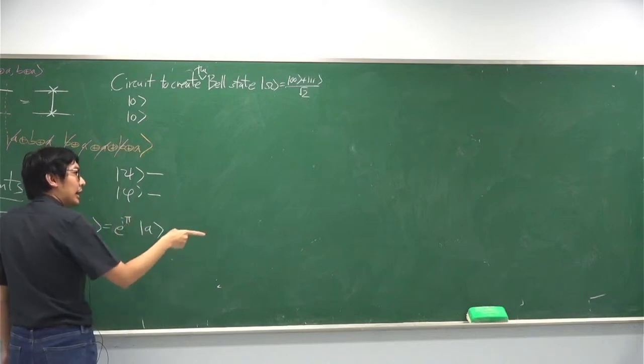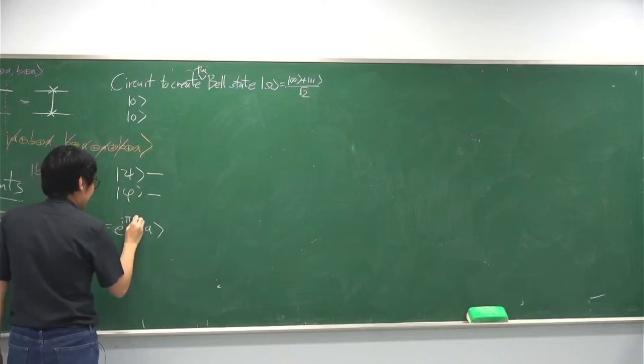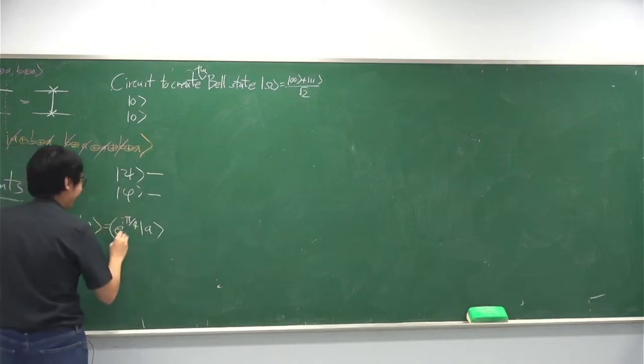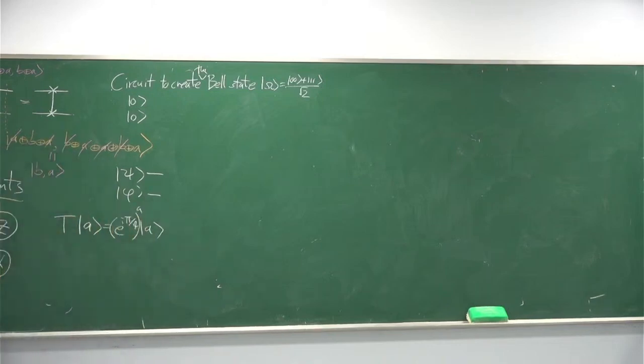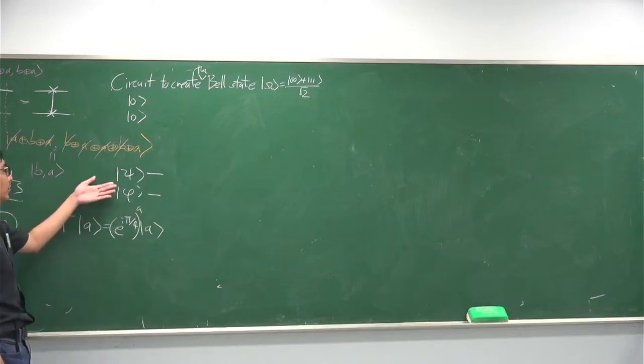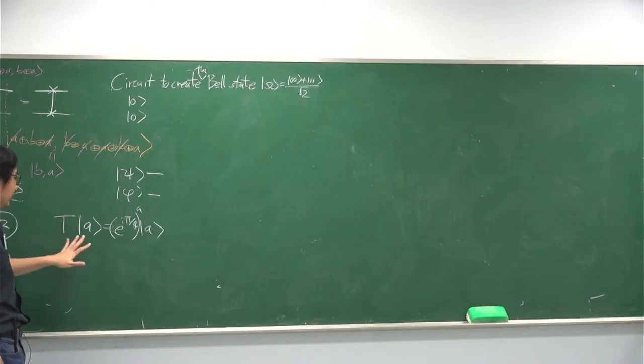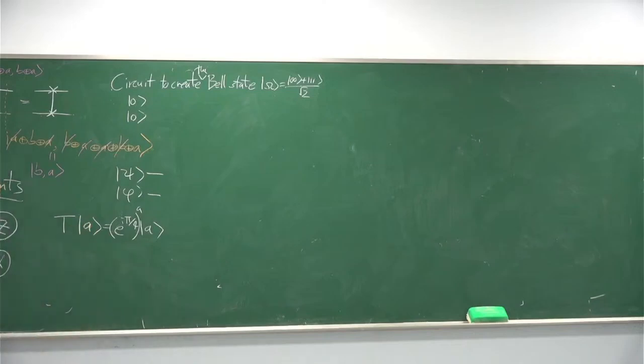It's called pi over 8, but the gate is actually pi over 4. And so if I allow an arbitrary product state here, then I can, for example, just put in some state generated by the T gate in front, like on the Bloch sphere. So any state on the Bloch sphere with an arbitrary angle, really.